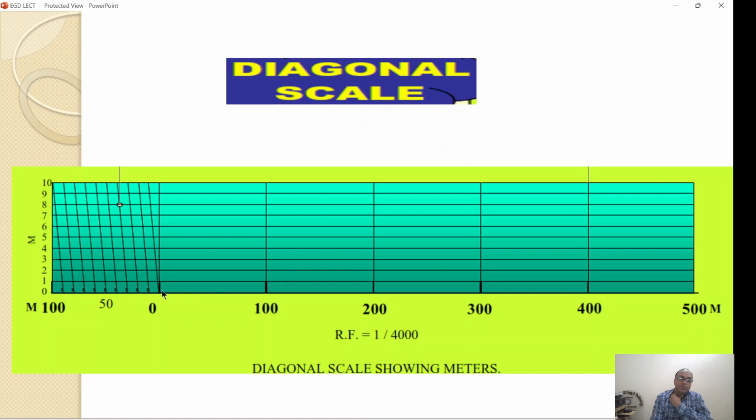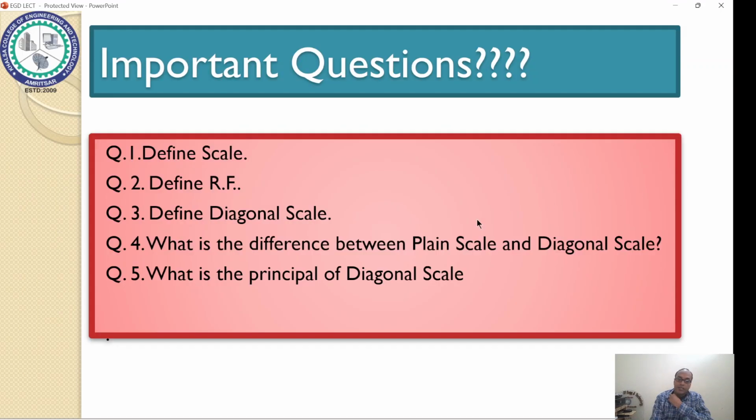Similarly, for drawing the diagonals you have to start from 0 to 10, 10 to 20, 20 to 30, and in this way draw the diagonals. You can see that this height is taken as 5 centimeters, and we have to divide it into an equal number of parts. So all the horizontal lines are equal.